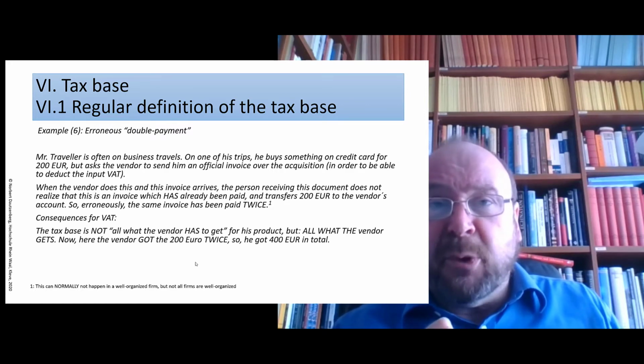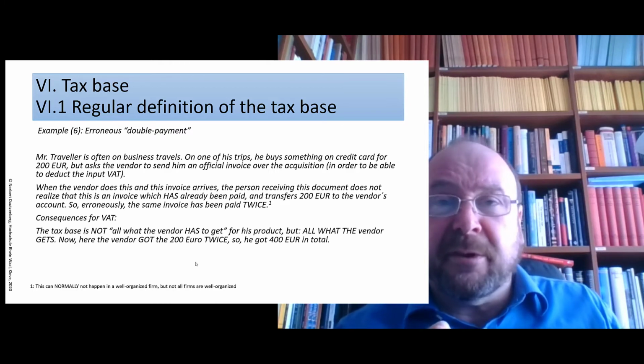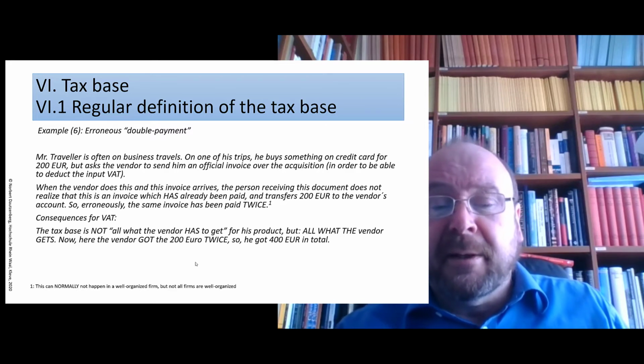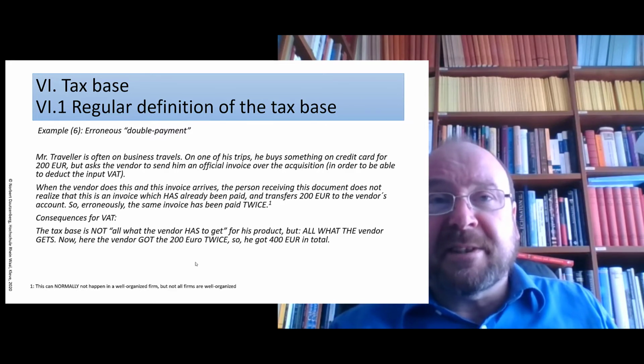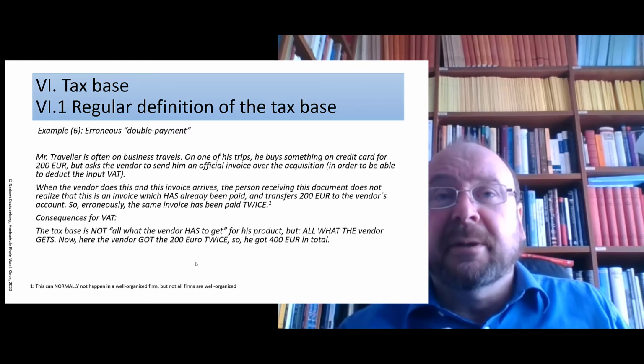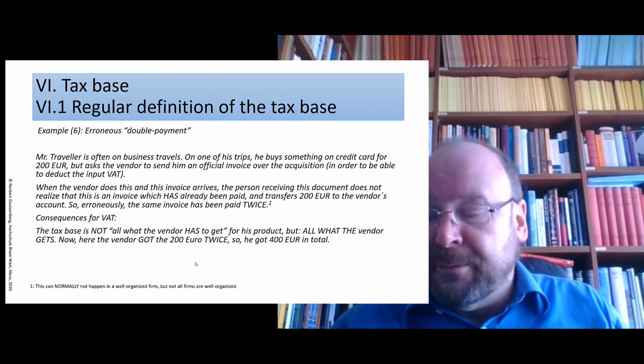So in both cases, the customer wanted to pay for the service or the good which was delivered. And so our customer paid 400 euro gross price for the product in total, although he didn't want to do so.